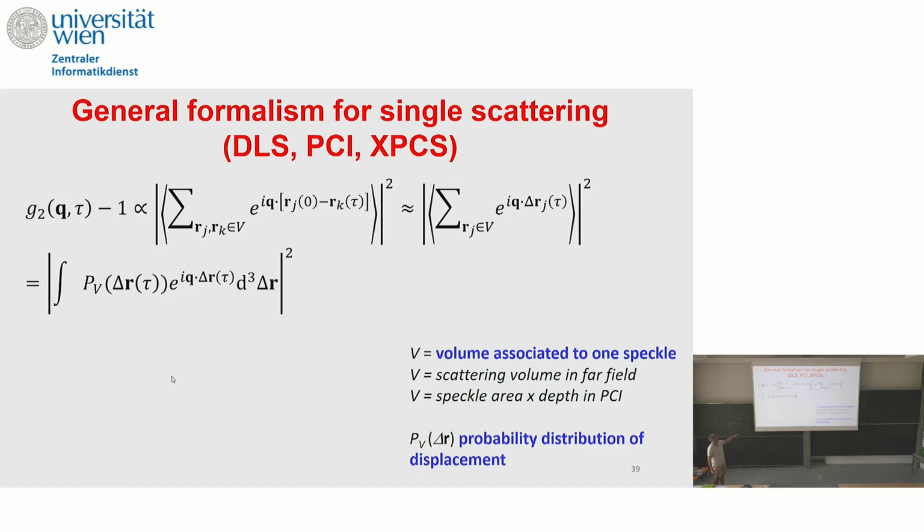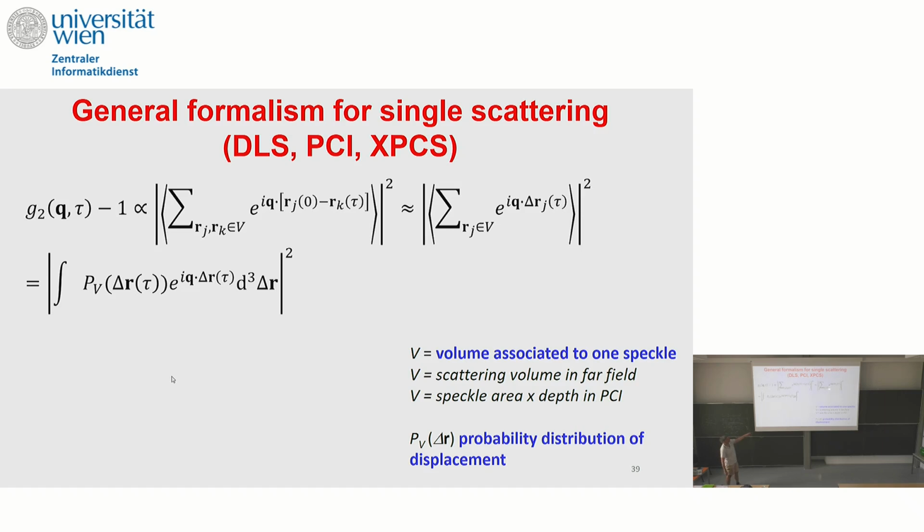And now you can rewrite this sum over all particles as an integral of the same term, but weighted by the probability of actually observing a given displacement delta r, and then I integrate over all possible values of the displacement.